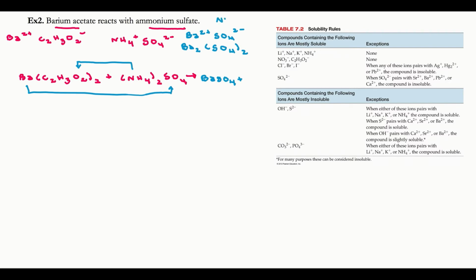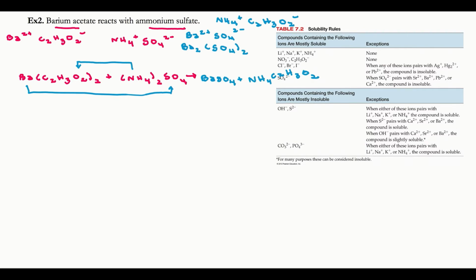Ammonium has a +1 charge. Acetate has a 1- charge. And so when I cross my charges, I just get NH4, and then acetate, C2H3O2.